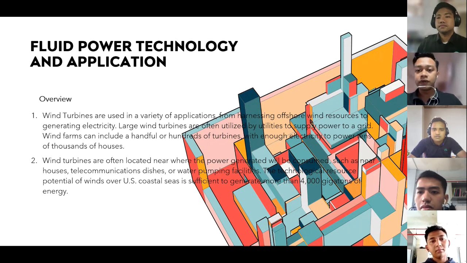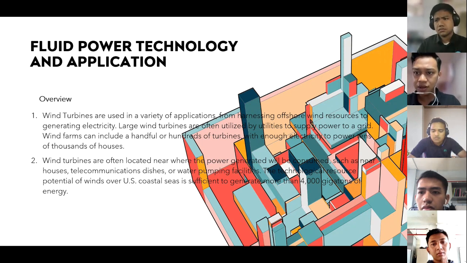Wind turbines are often located near where the power will be consumed, such as near houses, telecommunication dishes, or water pumping facilities. The technological resource potential of wind over US coastal seas is sufficient to generate more than 4,000 gigawatts of energy.